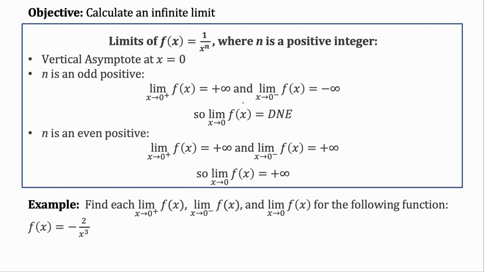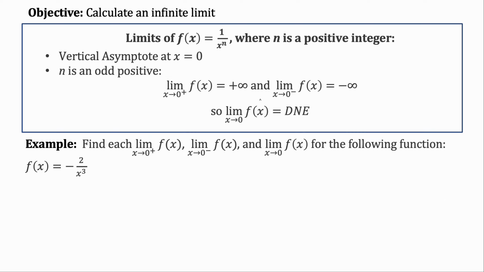So now that we've talked about those things, if we look at this particular function, let's think about where it lies. Which one of these would we consider it? We would consider it the n odd positive category. Now, be careful though, because of this negative coefficient in front, where we would normally go up on the right and down on the left, that negative coefficient will flip the function over across the x-axis.